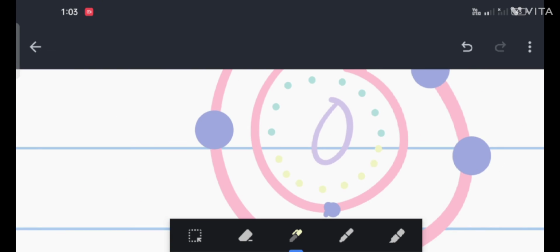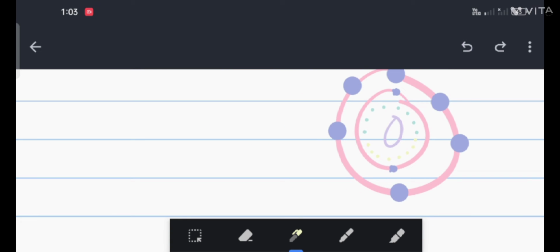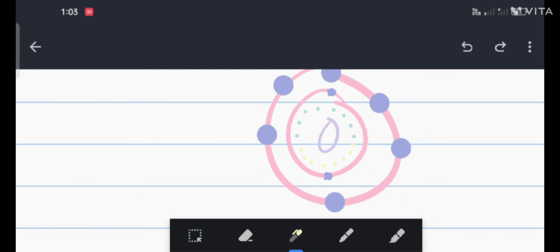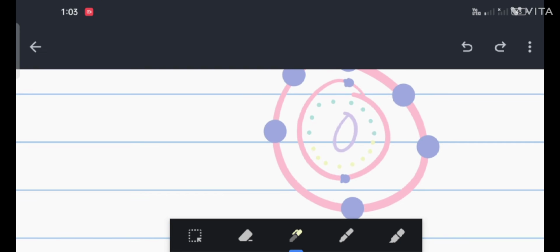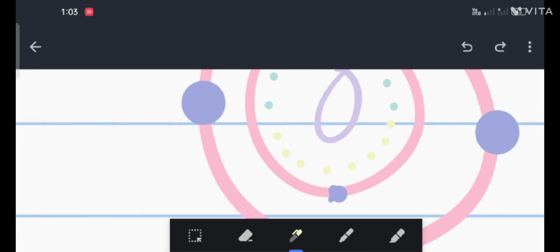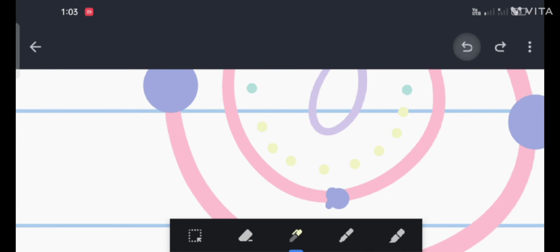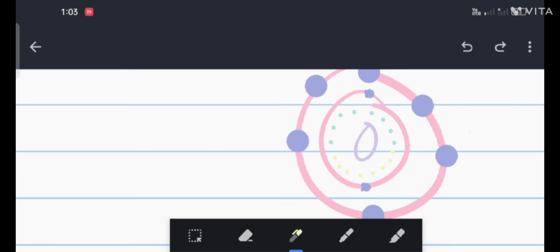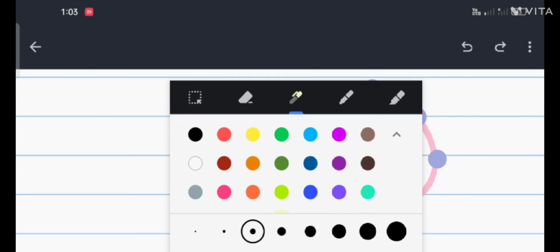Now these are positively charged protons and this is a negatively charged electron, and you must be wondering why are neutrons even there, since a neutron is a neutrally charged particle. So why do they even exist?